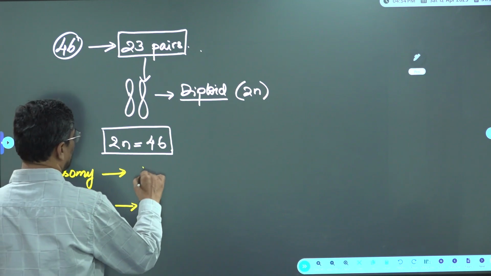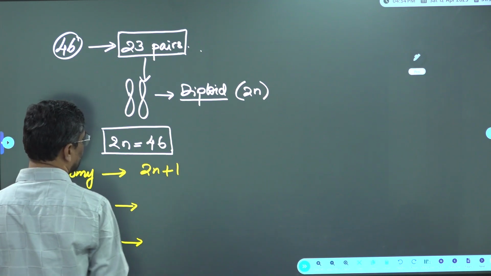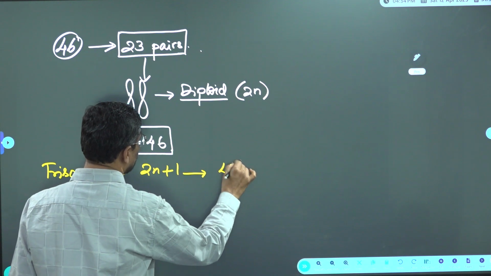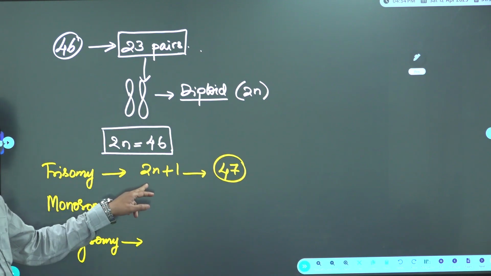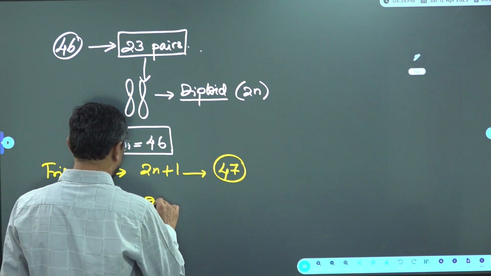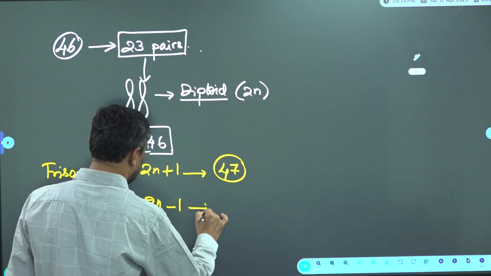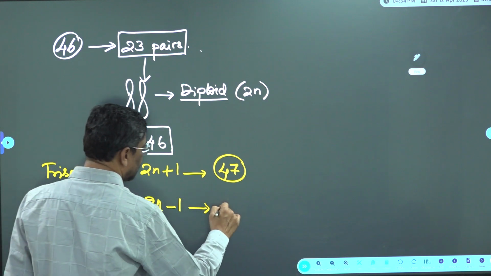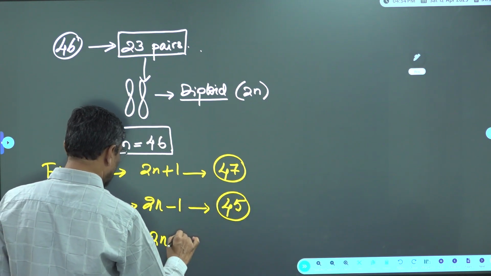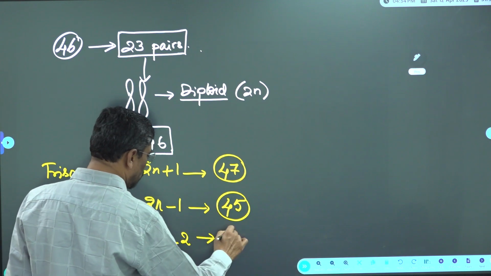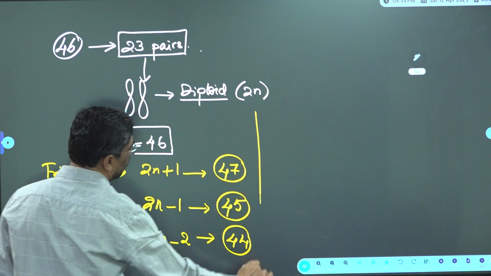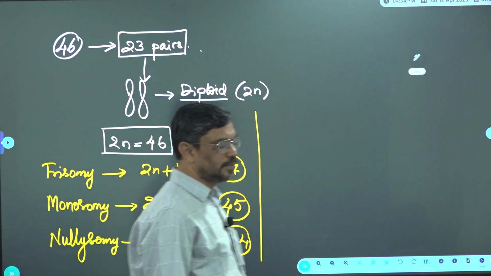Trisomy is 2n plus 1. 2n plus 1 means how much? 46 plus 1, that is 47. Monosomy is 2n minus 1, that is 46 minus 1, so 45. And then nullisomy is 2n minus 2, 46 minus 2, that is 44. So, these are the abnormalities. You have to remember this one.